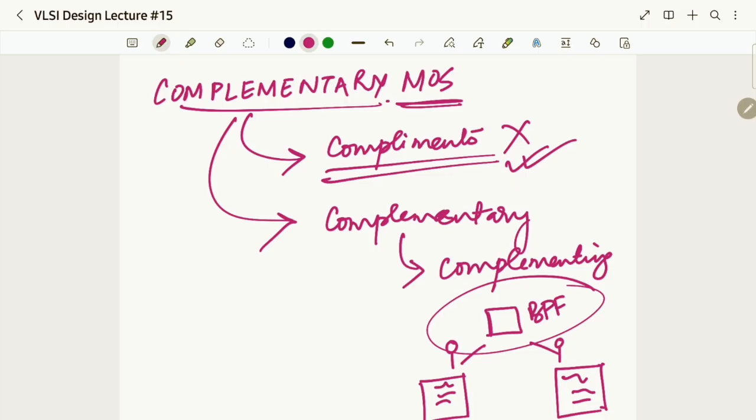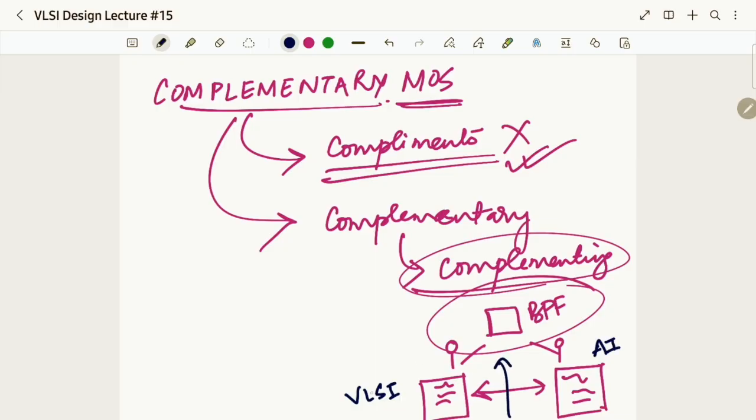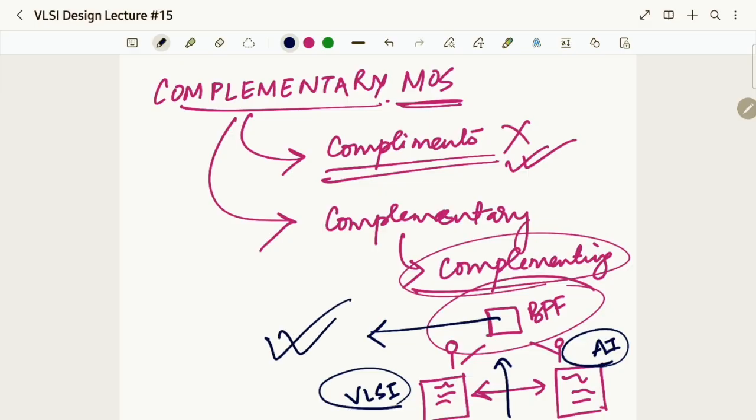If both of us have the same skill set, she would not need me or I would not need her, isn't it? If both of us have the same skill set, do we need each other then? No. But if we have a complementary skill set, let's suppose I can complete the VLSI part, she can complete the AI part, and both of us together we created a business that is the combination of VLSI and AI, and our business is booming.